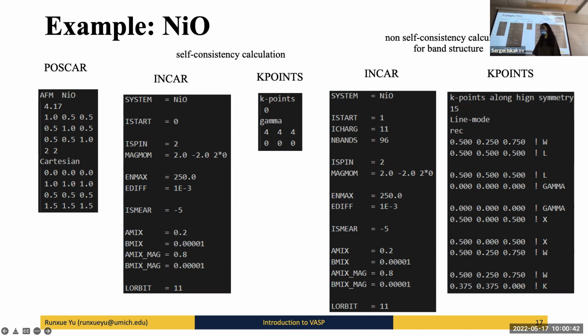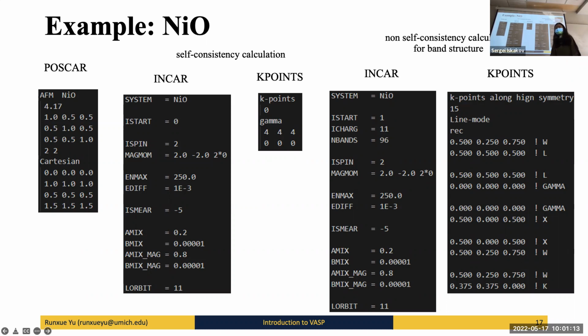Sorry, go ahead. How does your code know that this is nickel oxide and not manganese oxide or so? Oh, so you will have to look at the POSCAR. This is only in the POSCAR, in the pseudopotential. There I say nickel, nickel, oxygen, oxygen, and that's how it knows about atoms. For the POTCAR you only have to contain nickel and oxygen, and that's it.